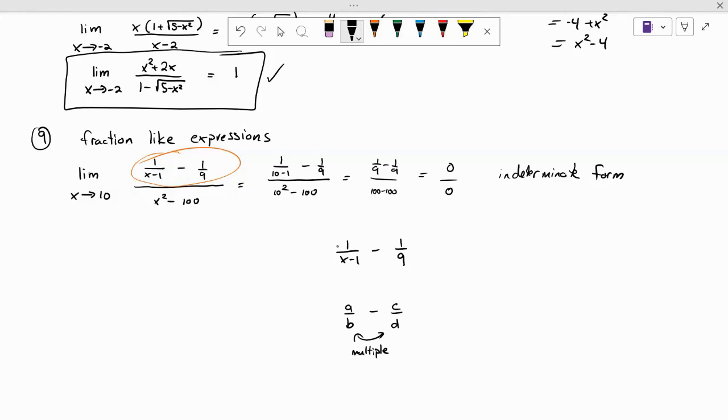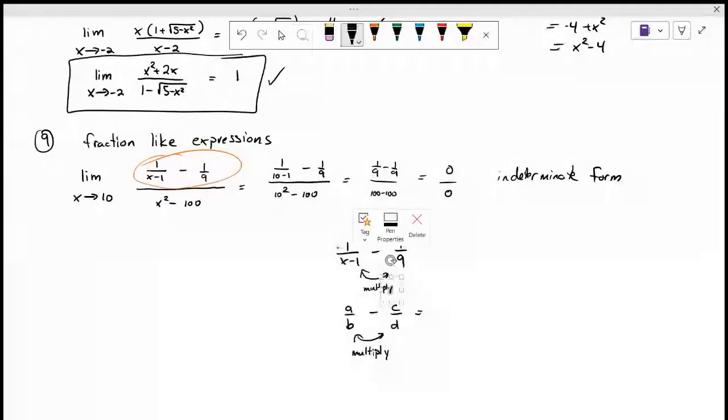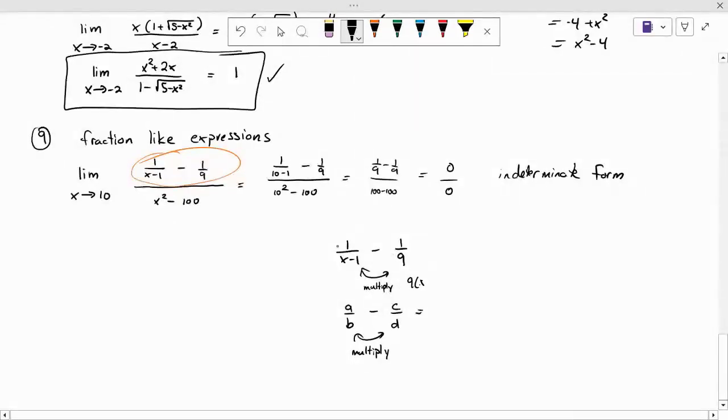That's always a common denominator, if not the least common. So here a common denominator would be 9 times x minus 1. That's always a fail-safe if you're not sure what the least common denominator is.